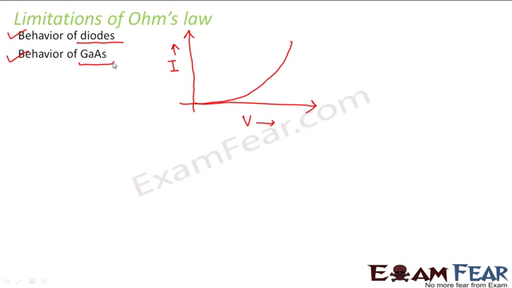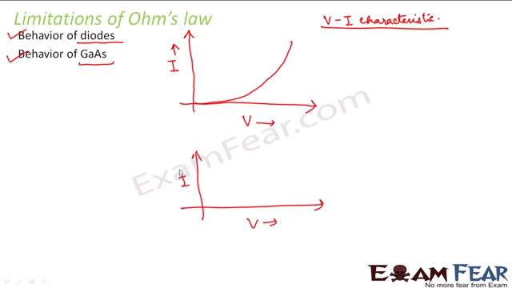Again, for a water voltameter, when its VI characteristic is plotted, it doesn't follow Ohm's law. You get a graph like this instead of a graph like this. So Ohm's law is not true in this case also. These were some of the limitations of Ohm's law, that it was not true for everything.